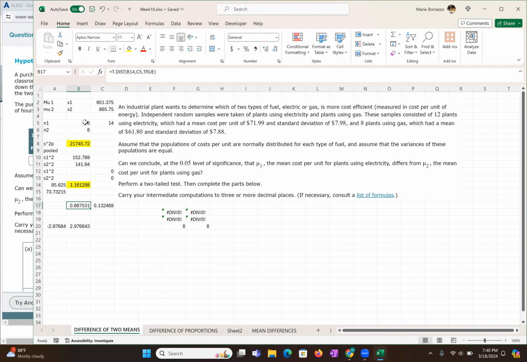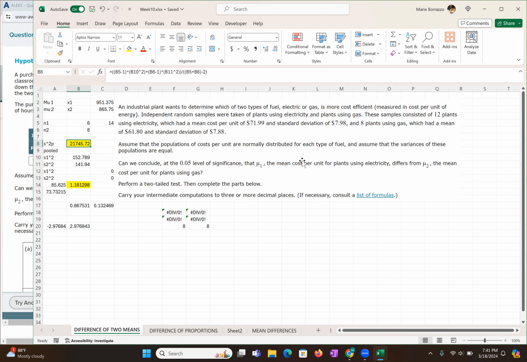We're using N1, which is C5, and we're saying true. This is supposed to be the degrees of freedom, so in this case, technically, it should be C5, which is what this is. And so basically, this is 16 minus 2. 16 minus 2 is 14. So this is the area below the t-value, which we got 1.16 and the 0.132. Okay.